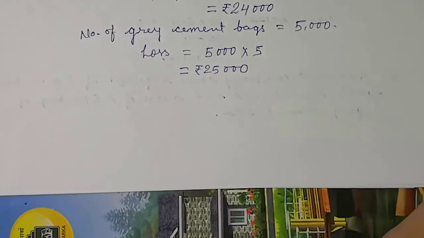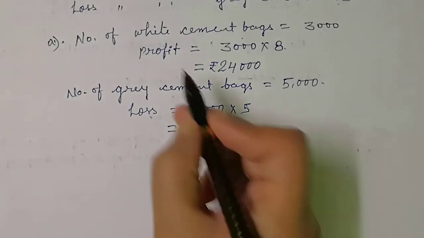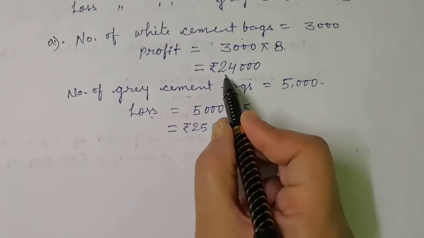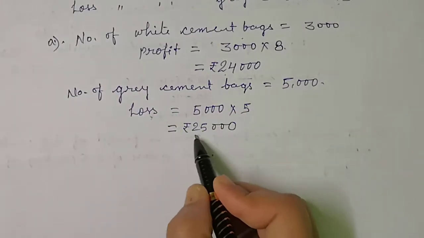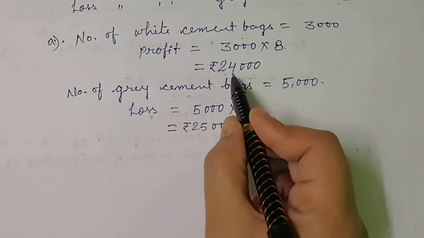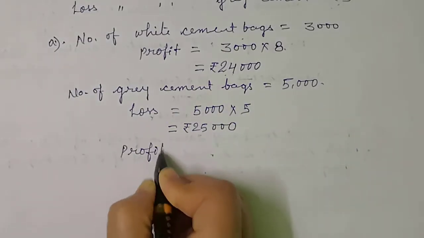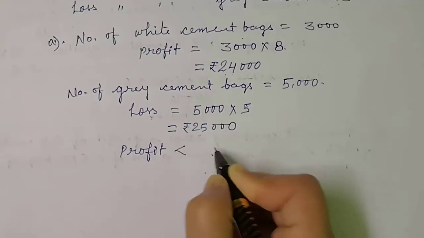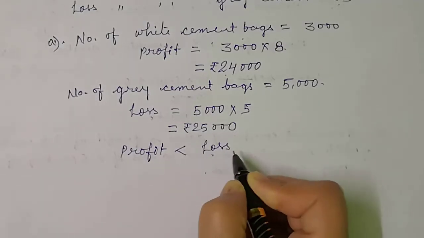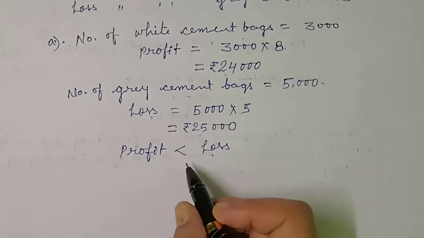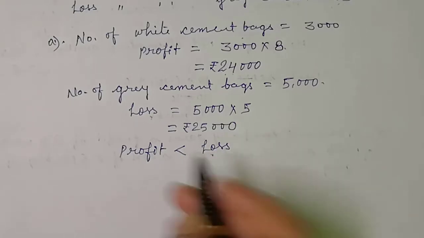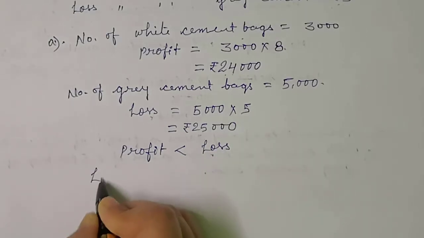See, here our profit is smaller than our loss. That means to say, at last the shopkeeper bears a loss here. And how much loss?